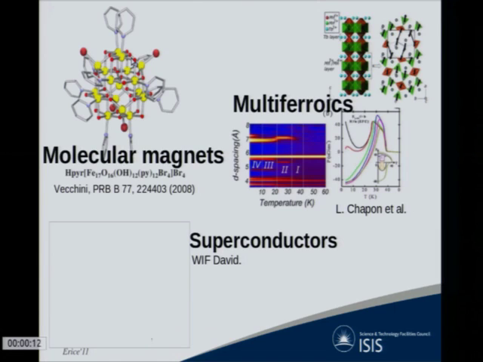So of course there's a lot of materials where knowing the magnetic state is extremely important. For example, in molecular magnets, whether they are single molecule magnets or extended networks, these are very important systems with potential application in a range of fields, for example, quantum computing and so on. In multiferroics, or what I prefer to call spin-driven ferroelectrics, you have systems that become electrically polarized only when they're magnetically ordered.